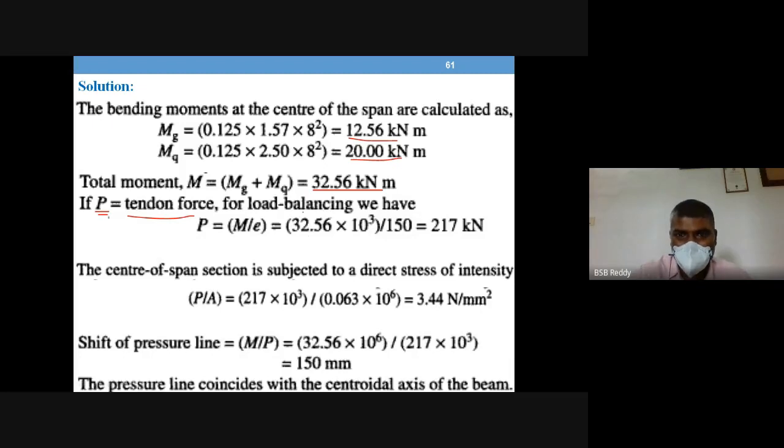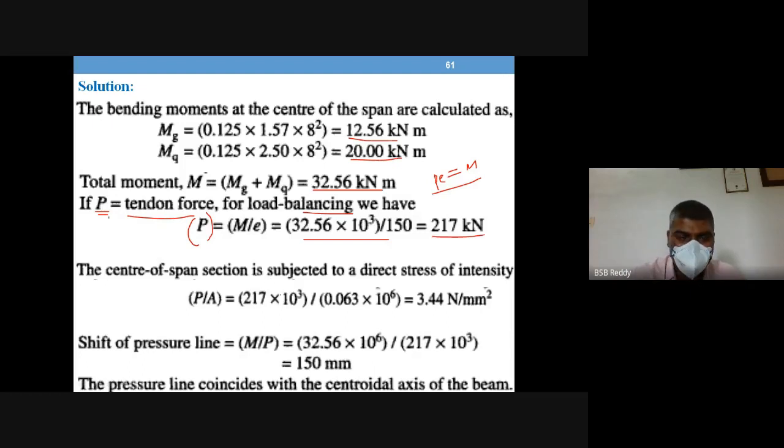So for balancing the load, the bending moment should be equal to P into E, as we had initially in the load balancing concept where we had a discussion. So P is coming out to be 217 kilonewton. So moment from pre-stressing shall be equal to bending moment from the dead load and live load. This is a concept where it is applied.